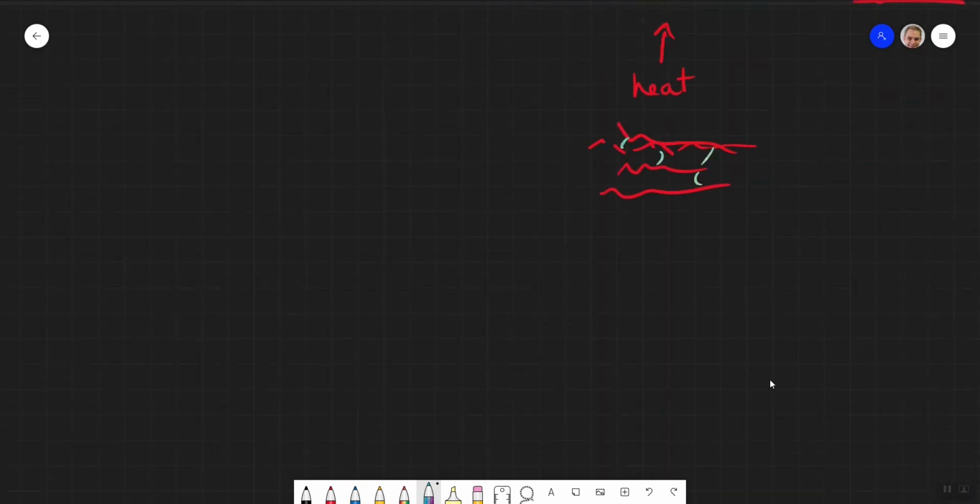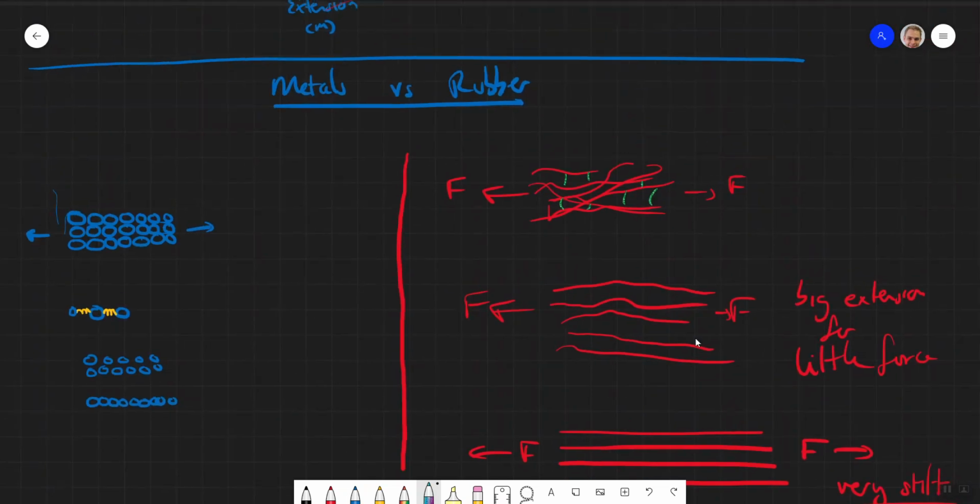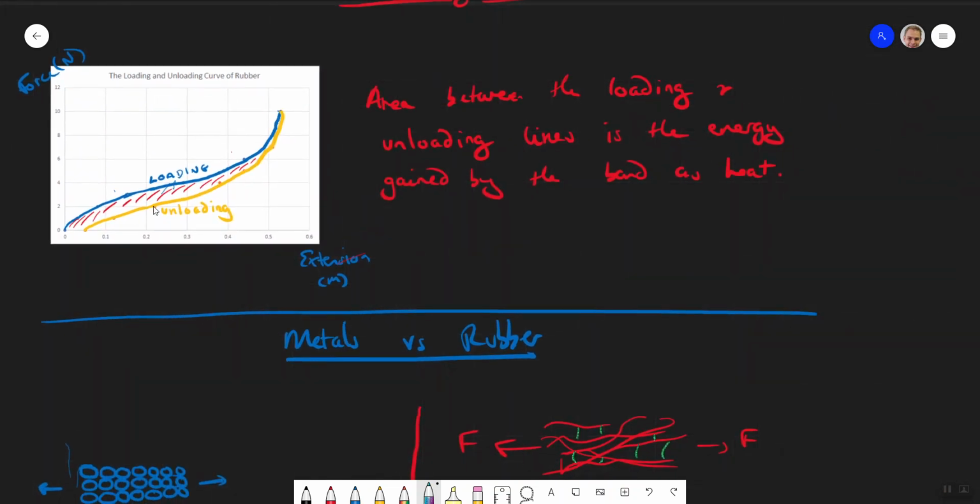Now, this kind of curve that rubber is quite famous for has a fancy name. It's called a hysteresis curve. And hysteresis basically is something where the outcome is lagging the effect. So in this case, when we come back down, we've removed forces, but we haven't shortened the thing. This happens in magnetism, and in various loading and unloading curves.